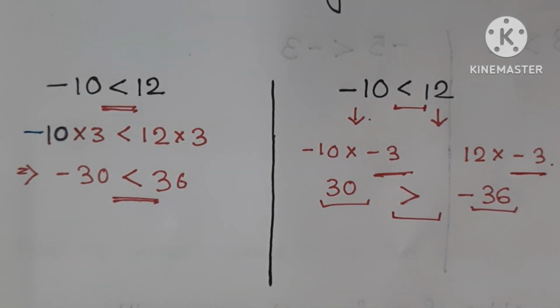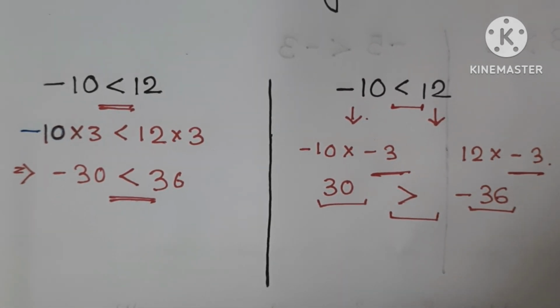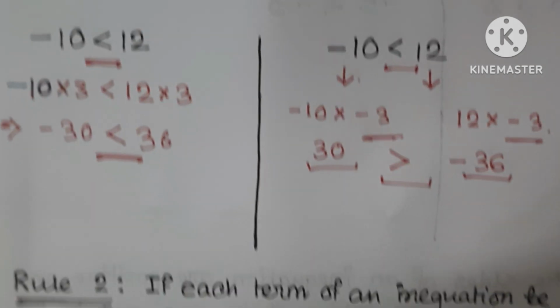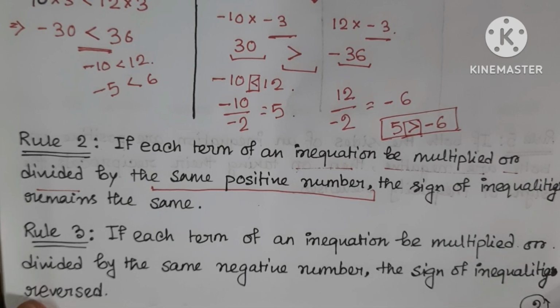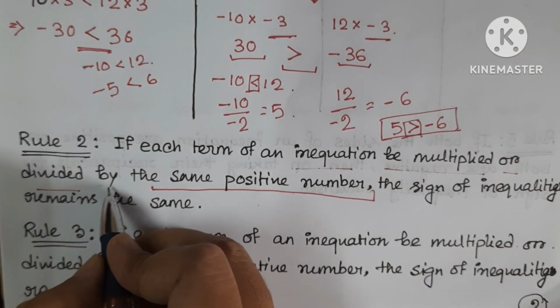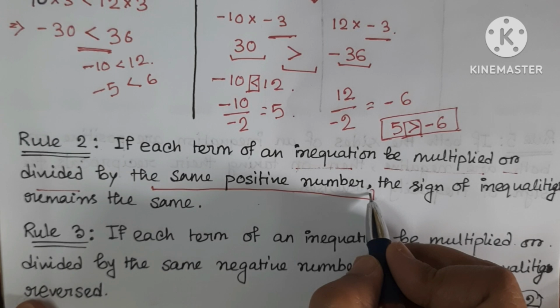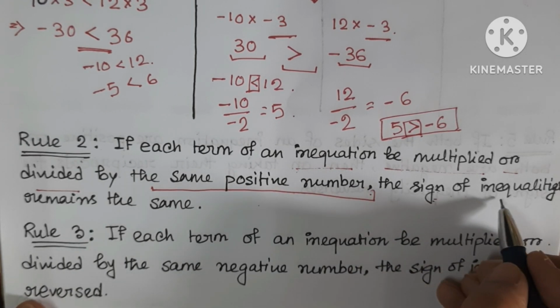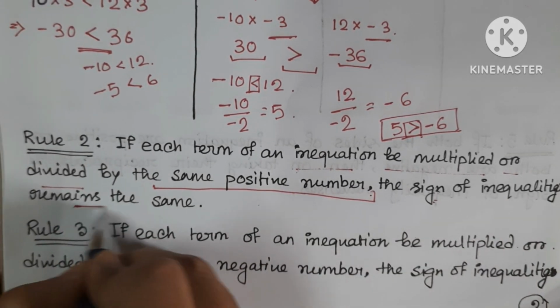Okay, so from here we can get two rules. Rule number 2: if each term of an inequation is multiplied or divided by the same positive number, the sign of inequality remains the same.